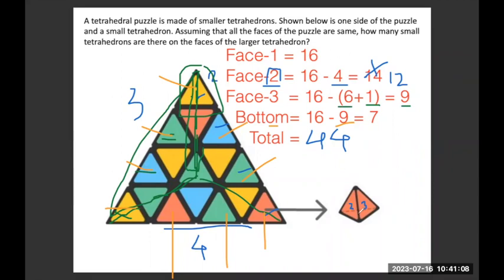When I'm counting phase 3, I will have to eliminate tetrahedrons which are coming in this part and tetrahedrons which are coming in this part. And then plus 1 on the tip. The tetrahedrons which are shared with phase 2 and 3 and tetrahedrons which are shared between phase 3 and 1.